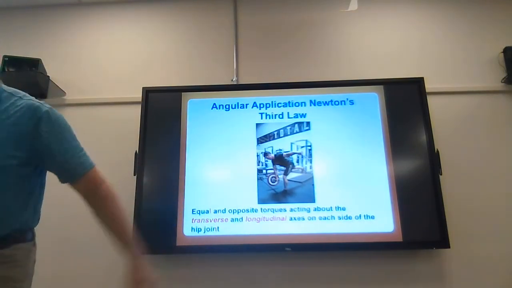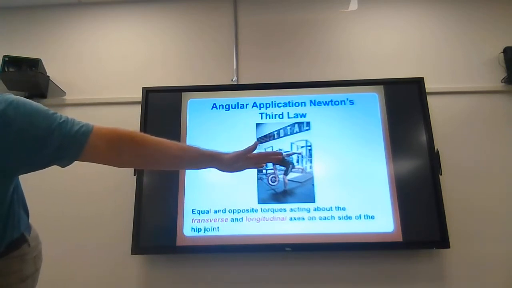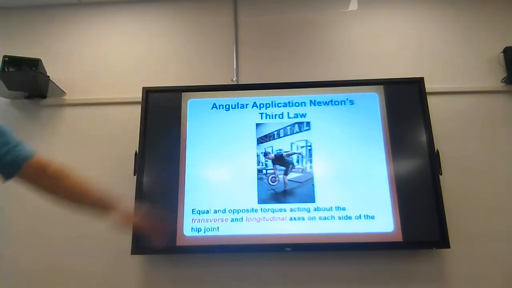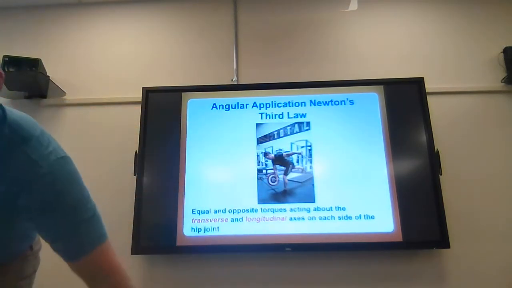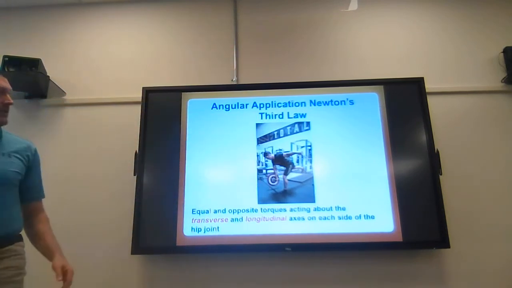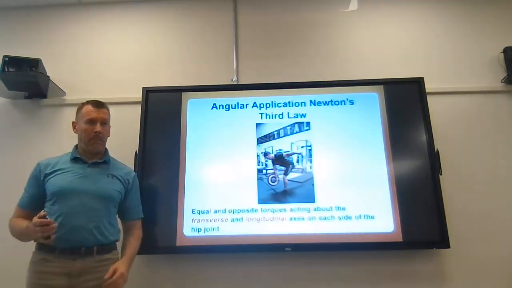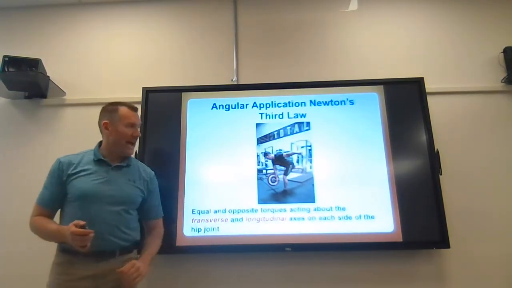So there's also a torque acting on the body due to the weight that's going to do what? It's going to tend to want to rotate the body in this direction, right? So that would be the transverse plane with the longitudinal axis.